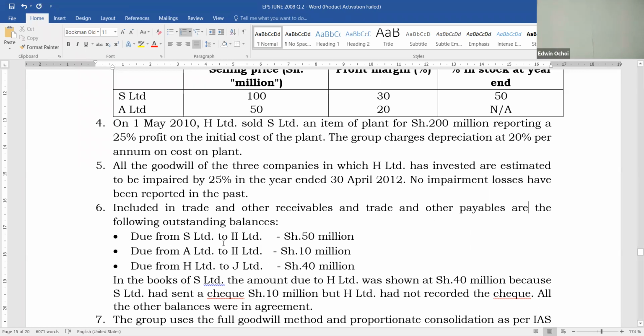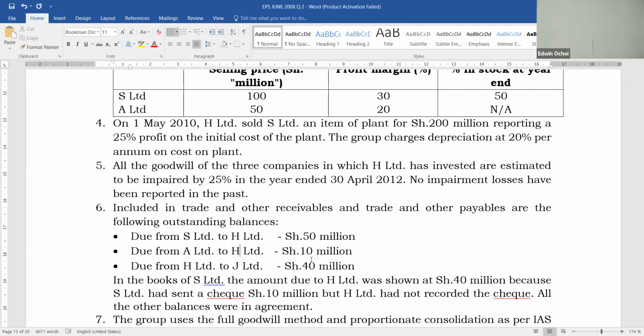There was something due from S to H, a 50 million due from A to H, then due from H to J. So this is, in short, all about outstanding amounts which have not been settled between the two entities.